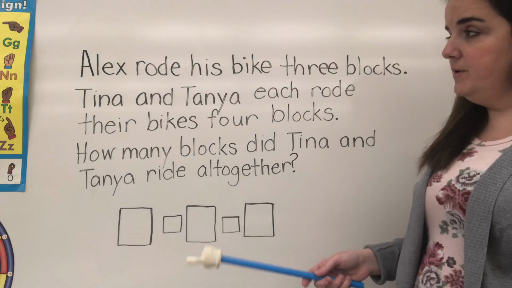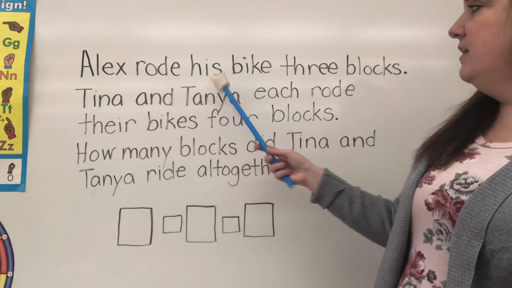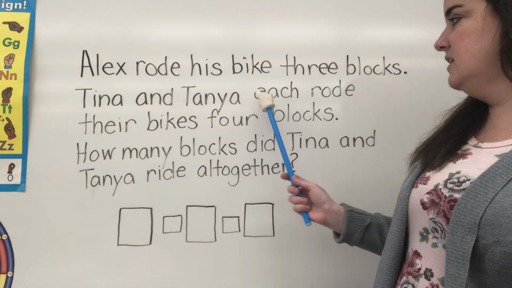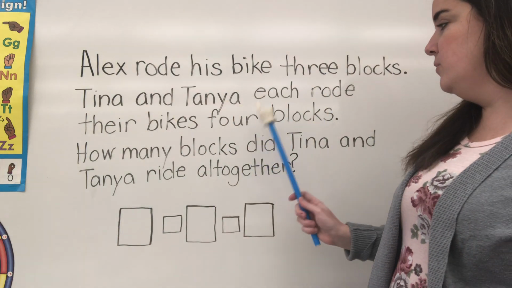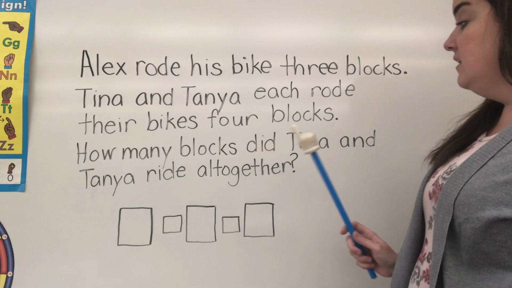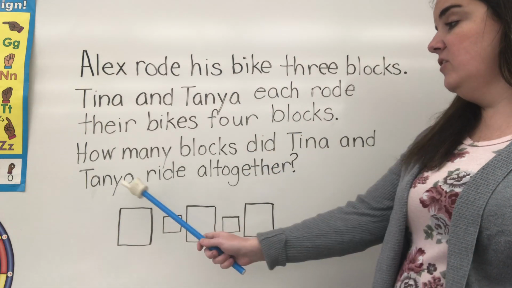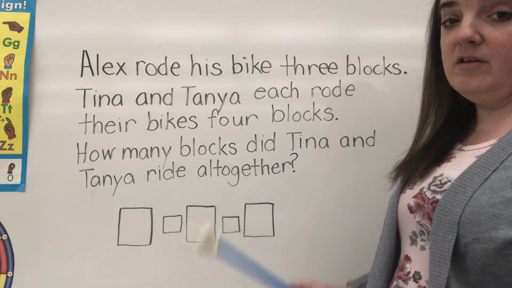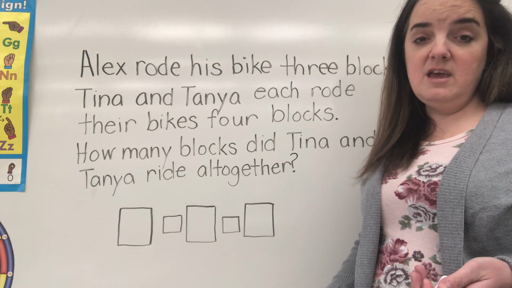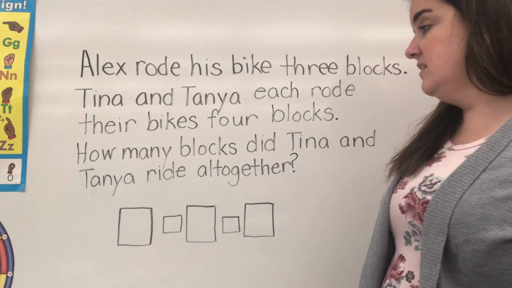So let's read it again. Alex rode his bike 3 blocks. Tina and Tanya each rode their bikes 4 blocks. How many blocks did Tina and Tanya ride all together? So at the end of the story problem, you'll see the question that it's asking us.